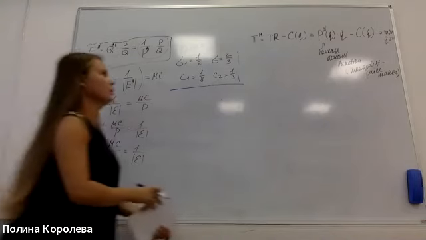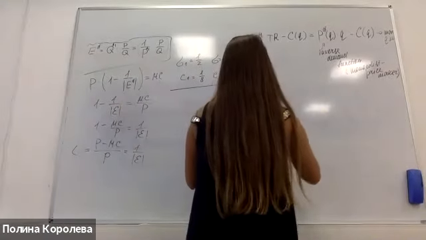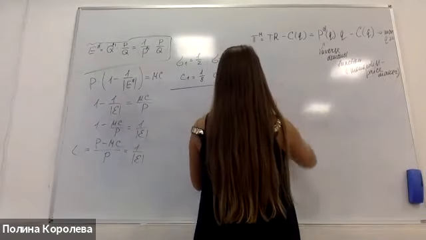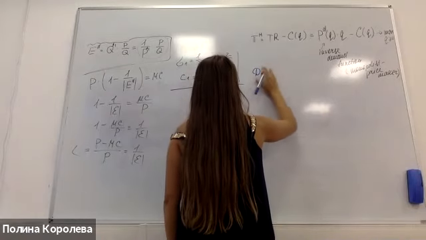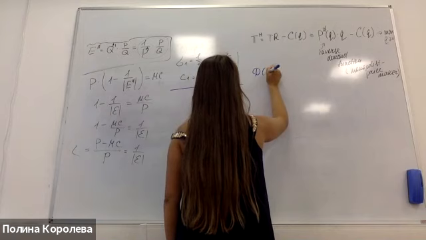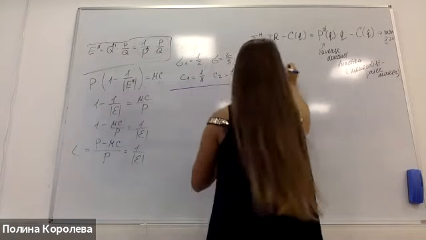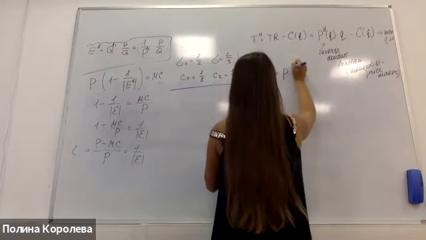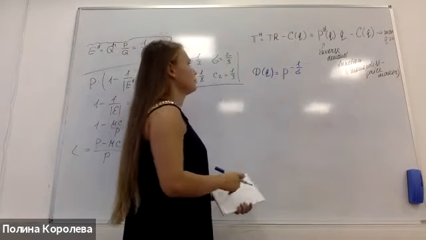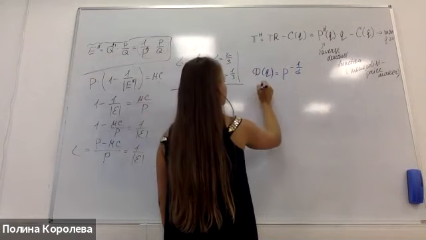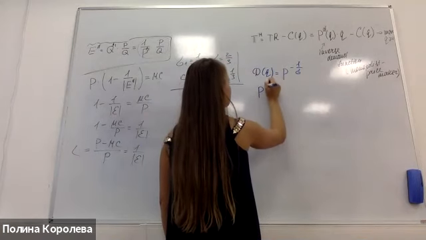Let's do it this way. We have our demand function: P to the power of minus 1 divided by sigma. What will be the inverse demand function?